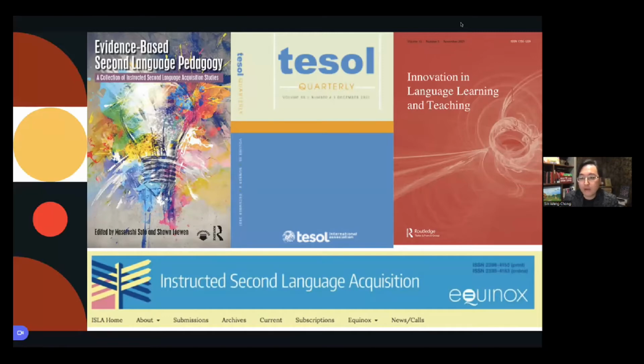And just to name a few journals, for example, TESOL Quarterly has sections that focus specifically on practices. They have a practice issues section. That section is dedicated to a practice-oriented issue or topic that has direct relevance to teachers.